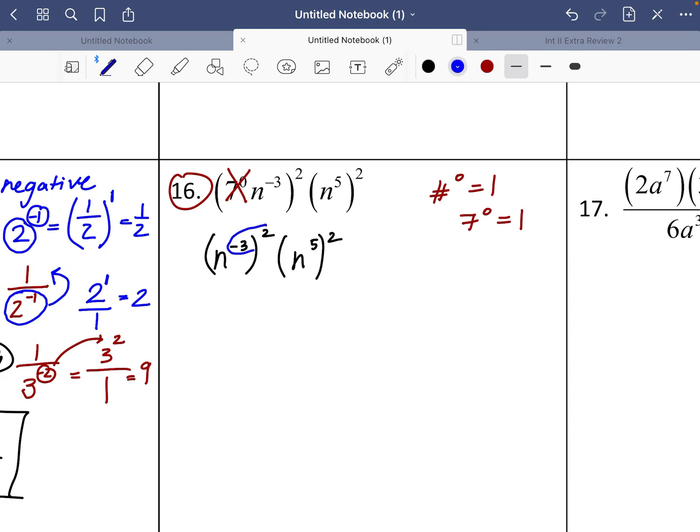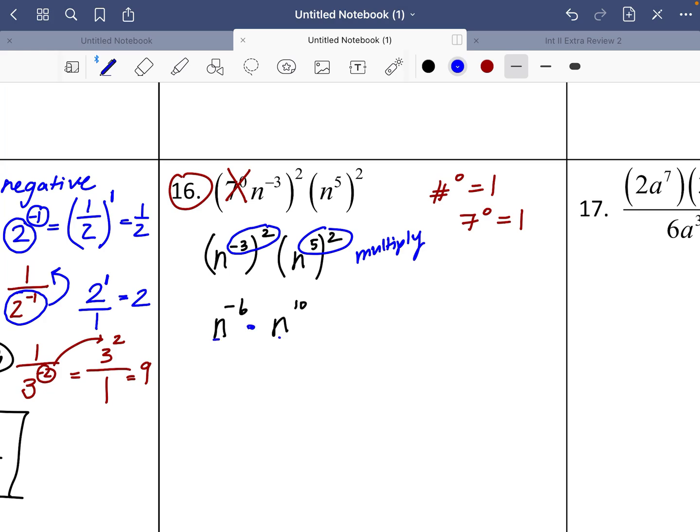When you have exponent on top of exponent, now we multiply the exponents. So then now this is n to negative 6 times n to the 10th power. And then now we're just multiplying with the n's.